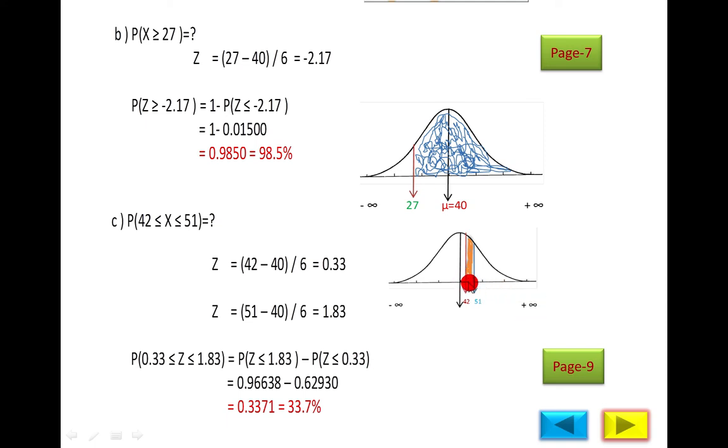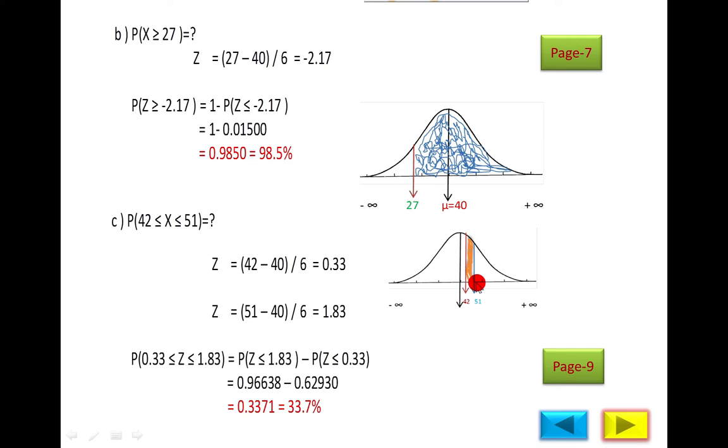So this is 42, suppose this is 51. Why is 42 after this value? Because the center lies at 40, the mean is 40. So above 42 means more than this value. Between 42 and 51, we will find from this point to below, less than or equal to the upper value 51, 1.83, means from this point to this point.